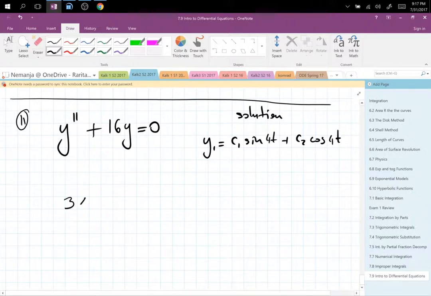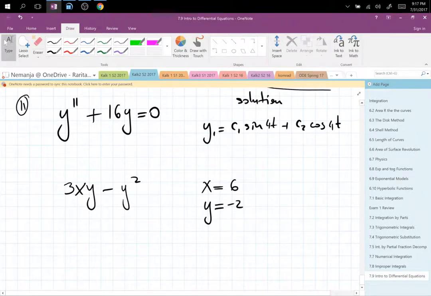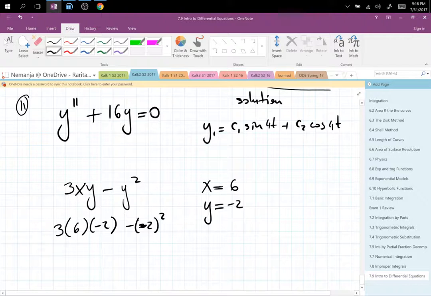Let's say 3xy minus y squared when x is 6 and y is -2. Then you were supposed to plug stuff in. So you get 3 times 6 times -2 minus (-2) squared. Then you compute and find the number.